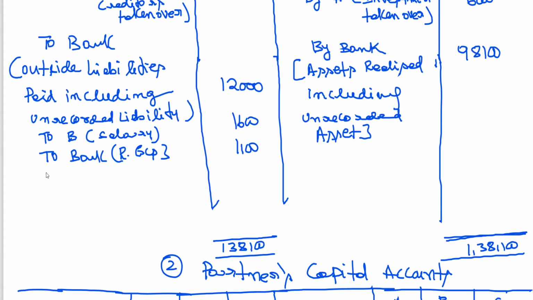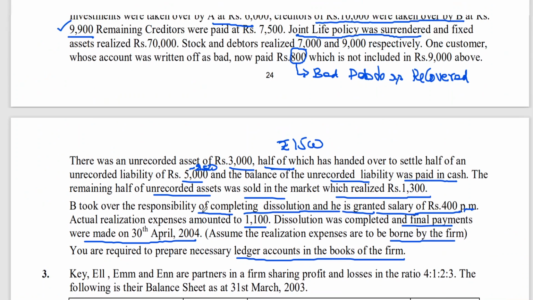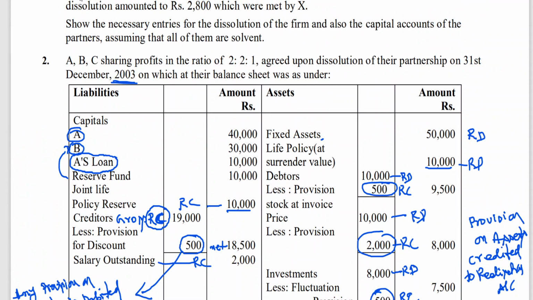This 25,000 profit is transferred to partners' capital account, to A's capital. 25,000 into, ratio is 2:2:1.